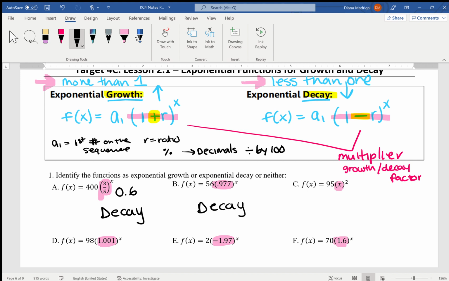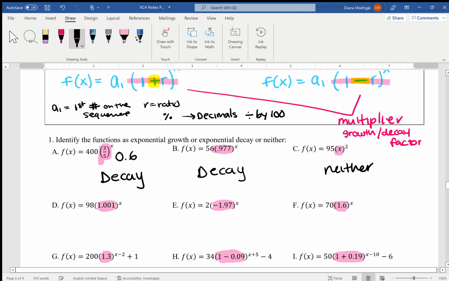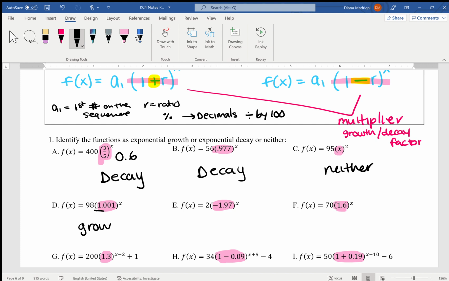The next one, I don't have a number inside the parentheses, therefore I don't know if this is going to be a growth or decay. I don't have a number, so it's neither. All right, the next one is 1.001. Because it starts with a 1 point, that means that it's more than 1, so this is a growth.